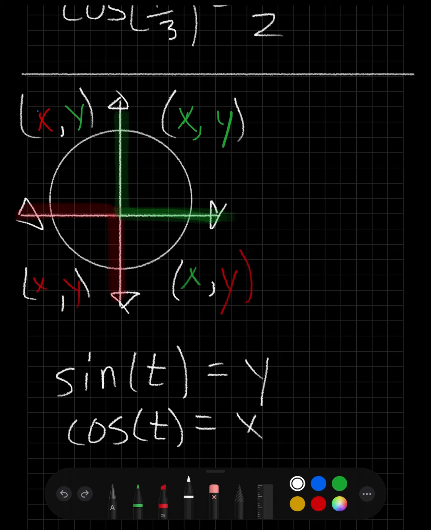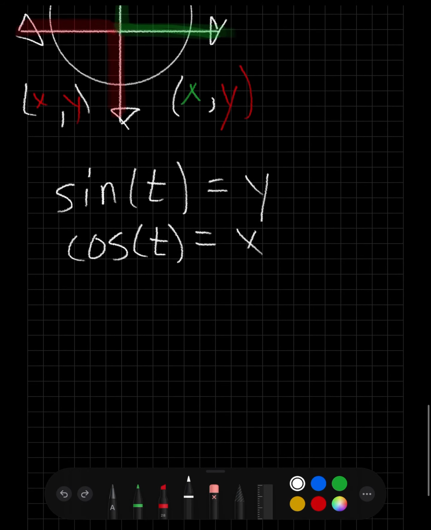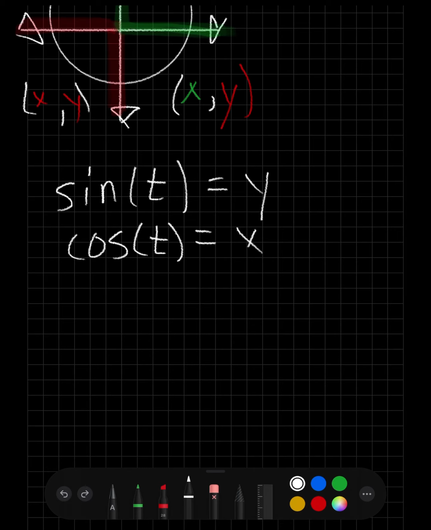If I'm taking the cosine of an angle in the third quadrant over here, my x is negative, so my cosine will be negative. That's going to come up when we use our reference angles here in a second. So it turns out that, for sine as well as cosine values, you can use reference angles to calculate them. Let me show you how that works.